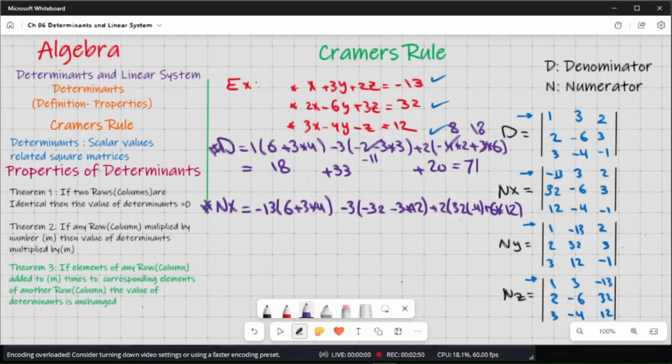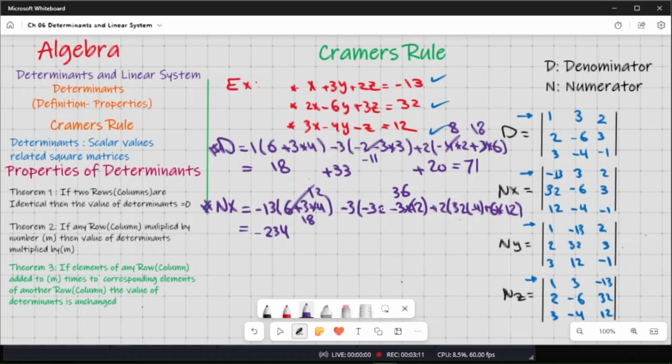So this will be equal to 3 12. So we have here 10, we have here negative 2 34.